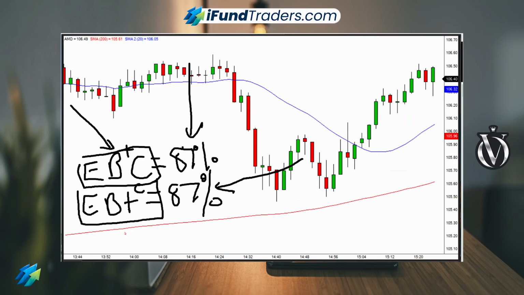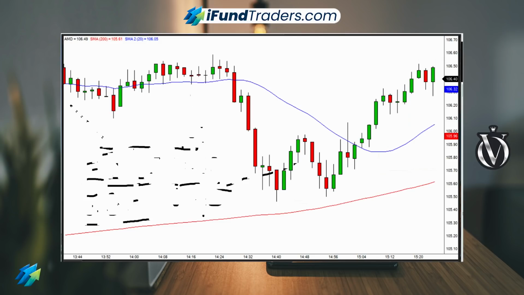It's crazy, all right? 3 bars of the opposite color, all right?